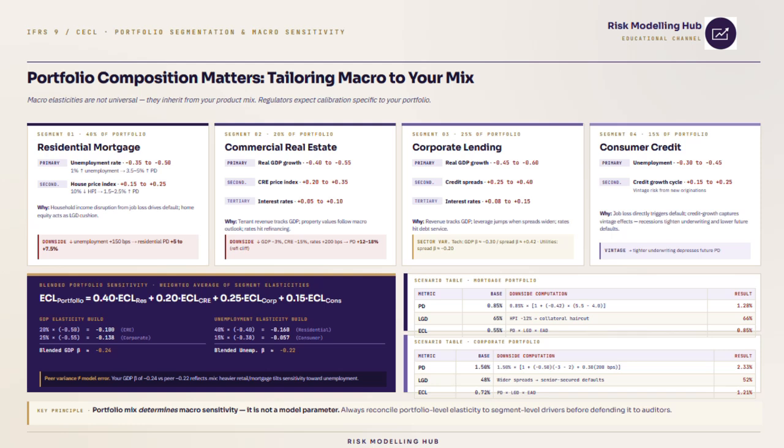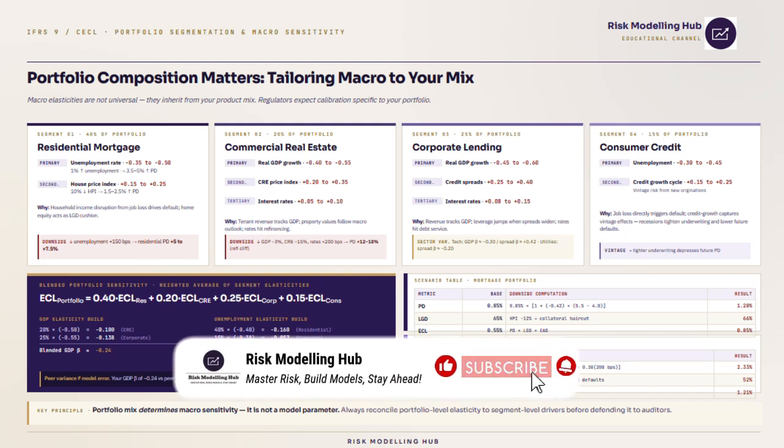And also the portfolio level blended ECL, which is the formula at the bottom. It shows you the weight of each macro sensitivity. So if 40% is for the residential one, the mortgages, 20% for the CRE, 25% for the corporate lending, and 15% for the consumer credit, the last segment, right?